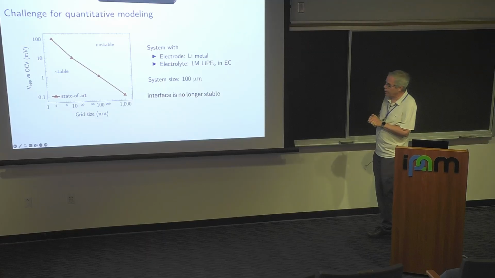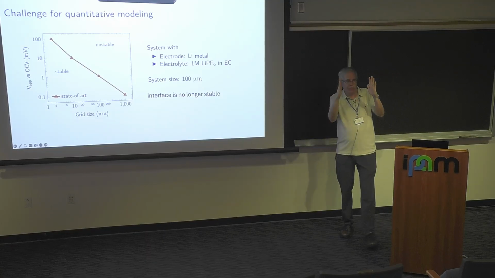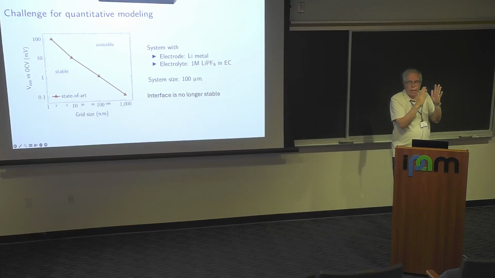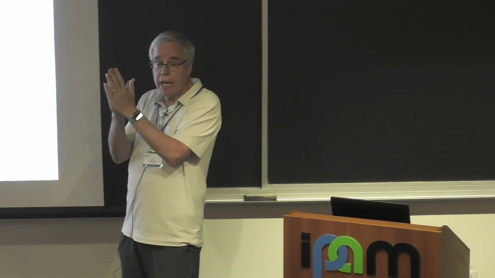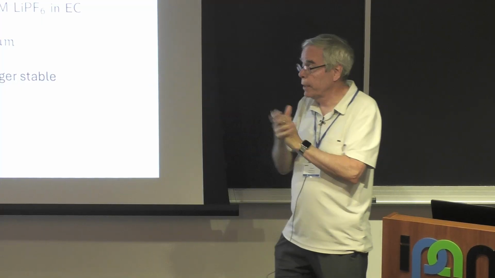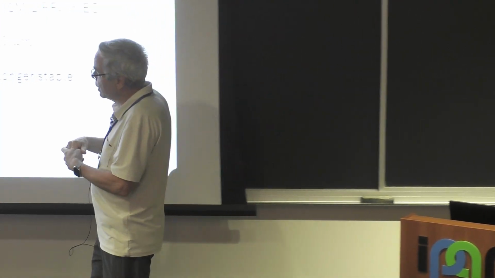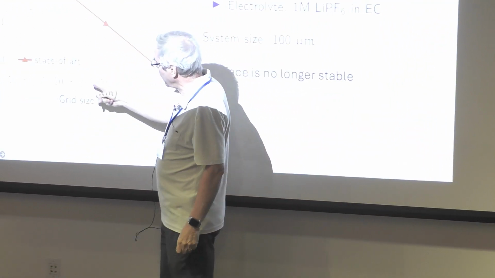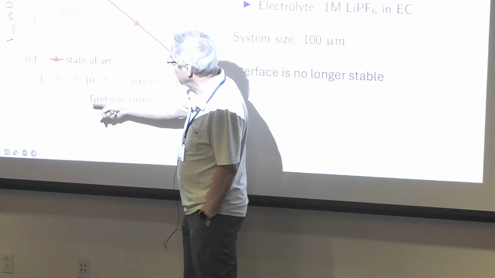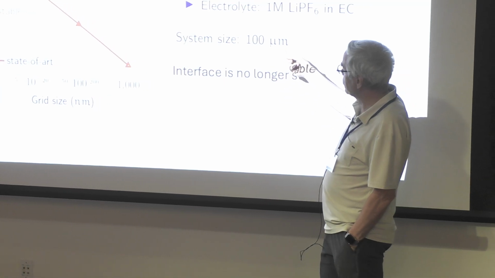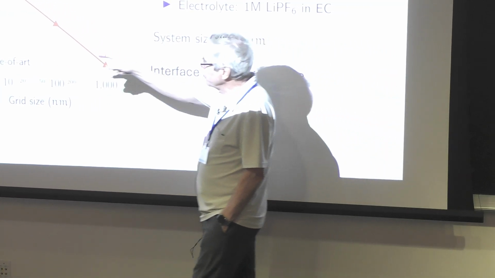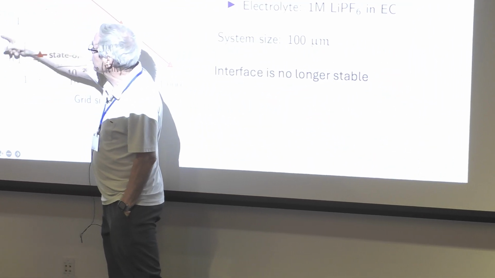Well, you get rid of that problem by making the interface thinner and thinner and thinner. And as you make the interface thinner and thinner, you get to the point where it becomes stable and you don't have to worry about it breaking apart. And so this is an idea of how the grid size necessary to resolve this interface in a micron scale system size of 100 microns, versus the voltage that you use to charge.